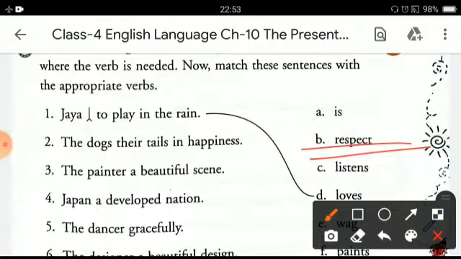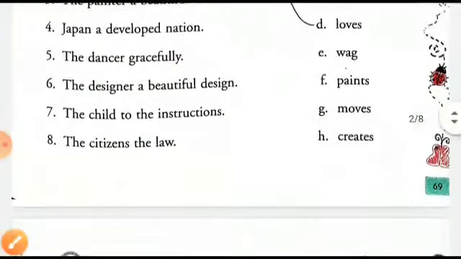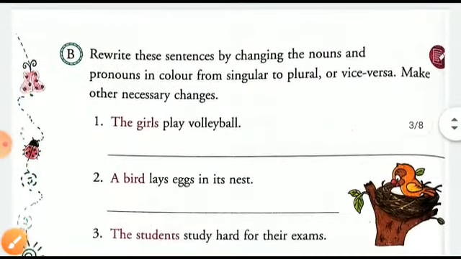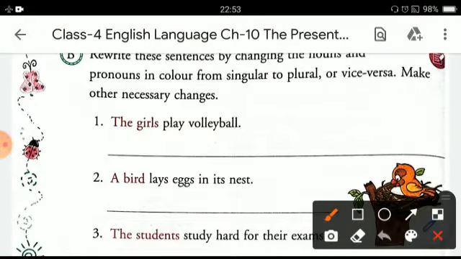So we have completed this exercise A. Now let's move on to the next exercise, that is rewrite these sentences by changing the nouns and pronouns in color from singular to plural or vice versa.